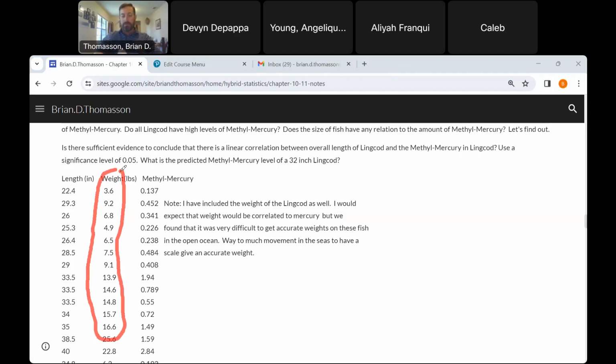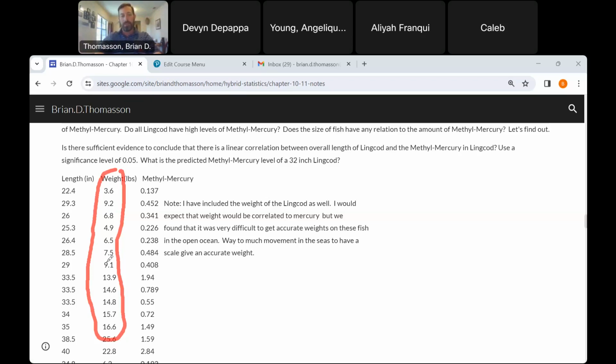But the problem is we're trying to do this on the ocean, and it's rough. As we're trying to hold this fish up with this scale, we're rocking back and forth. Well, the weight is changing drastically depending on if you're on the upswell or downswell of the wave. So all these weights are wildly inaccurate because the ocean's moving and you couldn't get a good measurement.